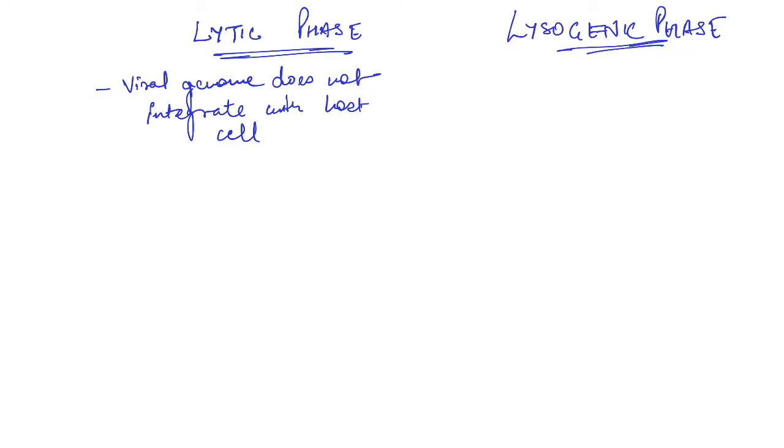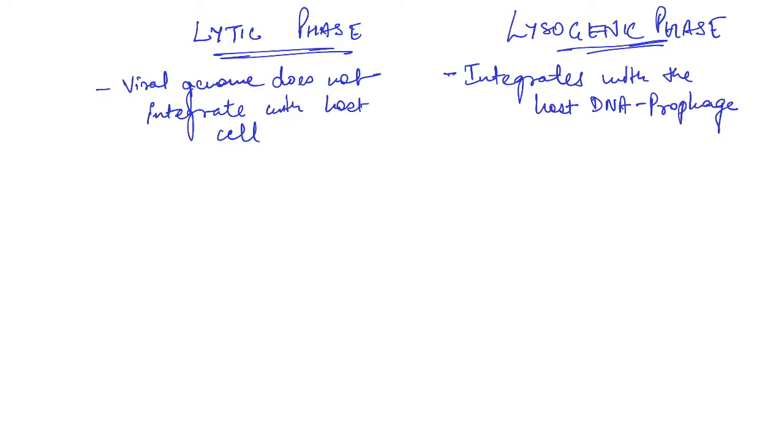But in lysogenic cycle, what happens is it integrates the viral genome with the host DNA, and it is known as prophage. Okay, so this is the first difference.